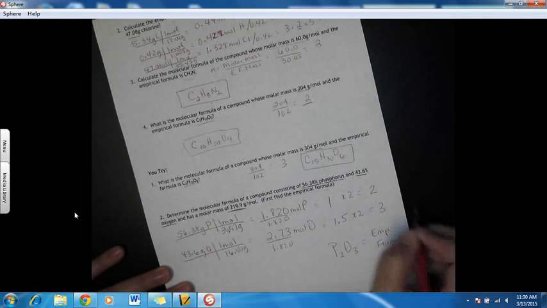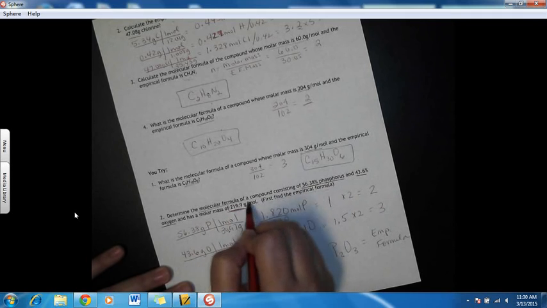But we want to find the molecular formula if that's the mass. So now, how much bigger is that than our empirical? We have 219.9 divided by the molar mass of this empirical formula. So we have 2 times 30.97 plus 3 times 16, which gives us 109.94.